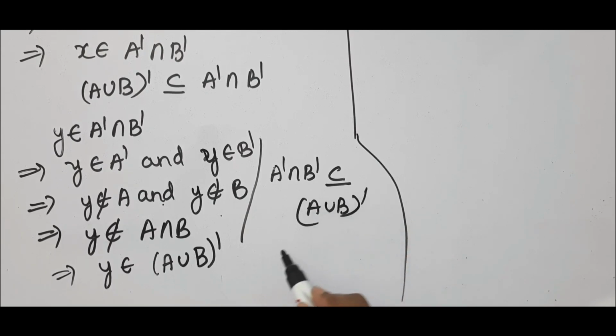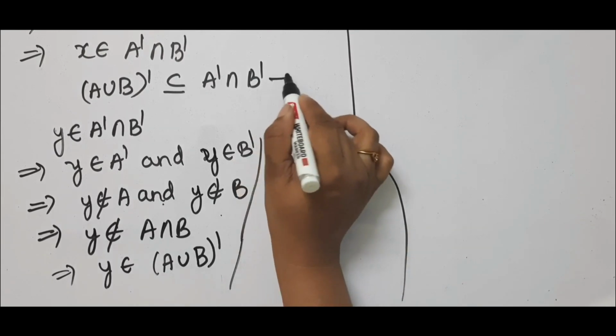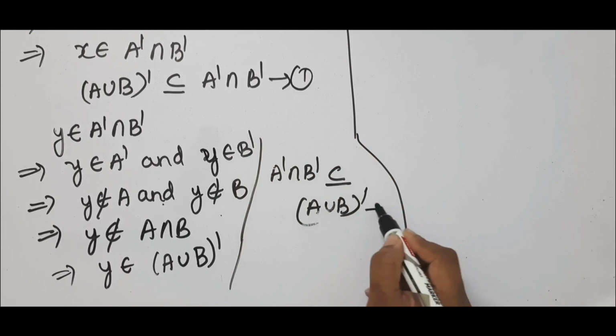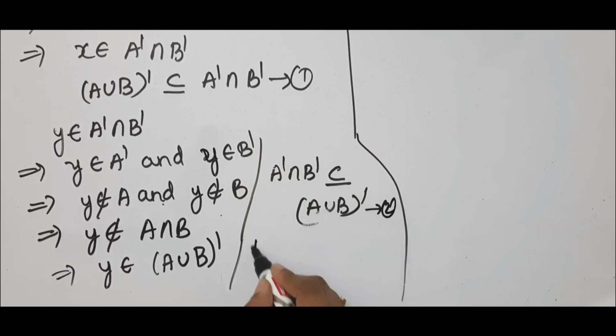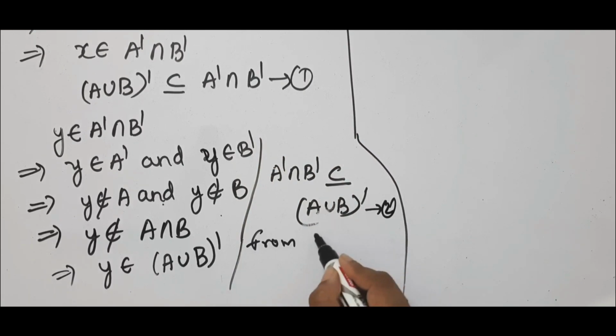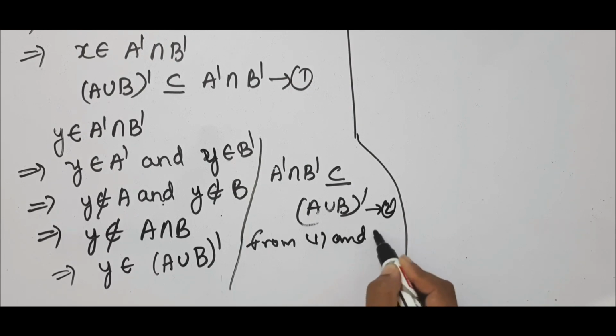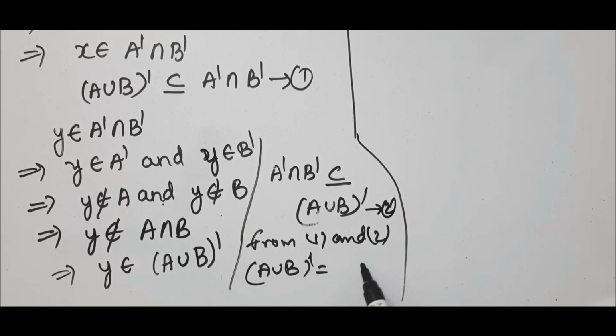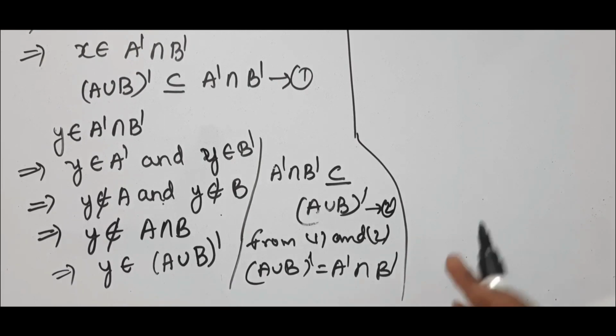Is it not? Hence, let it be 1, let it be 2. From 1 and 2, it is clear that A union B whole complement is equal to A complement intersection B complement. Okay, is it clear? Similarly, we have to prove this one also.